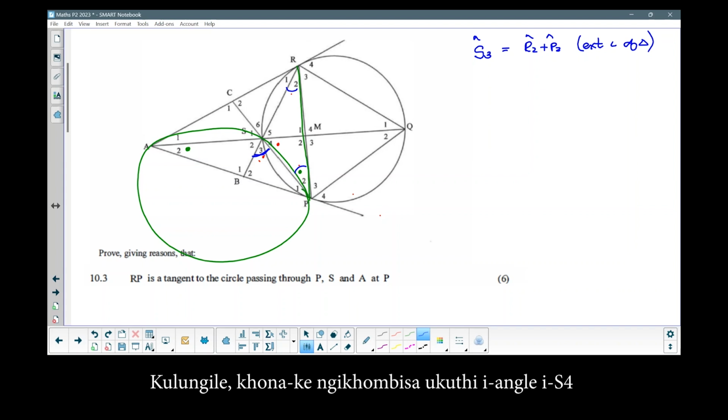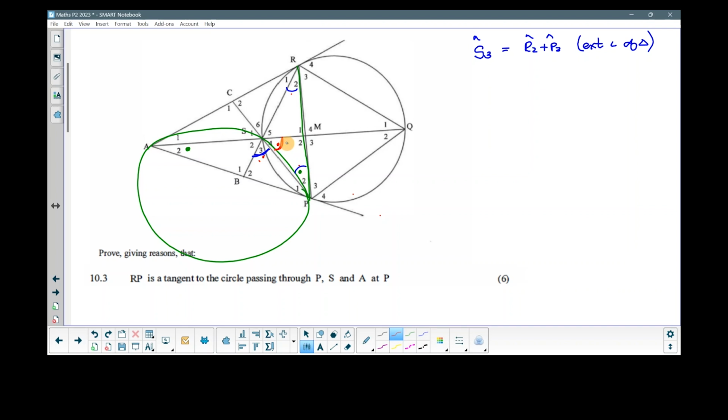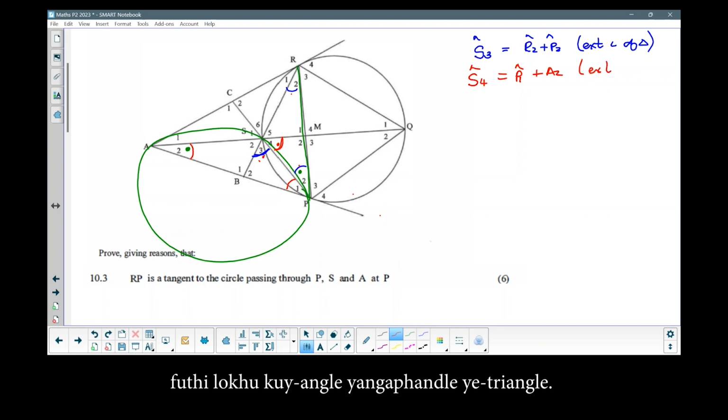Then I show you that angle S4 is equal to P1 plus A2, also an exterior angle of a triangle.